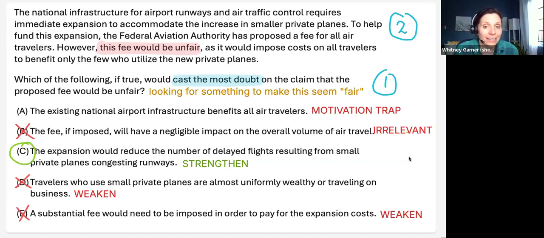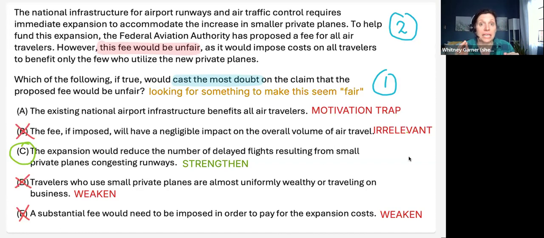And y'all are exactly right. A makes the expansion seem unnecessary, but we're not asking whether the expansion is necessary. We're asking if the fee structure is fair. So it turns out I don't care whether the existing national airport infrastructure is fine, or if I need a different one. I don't care about whether we'd be fine with the way it is.